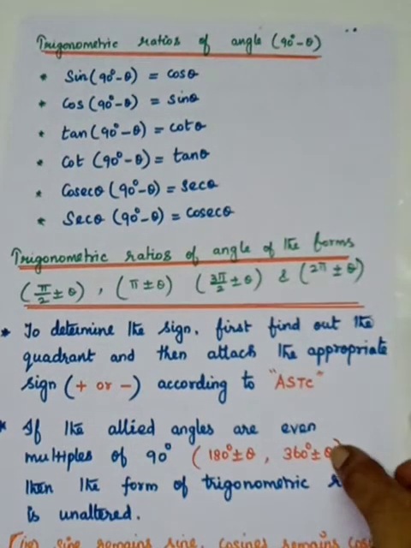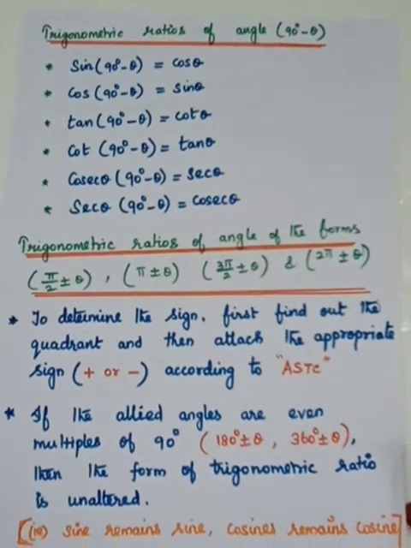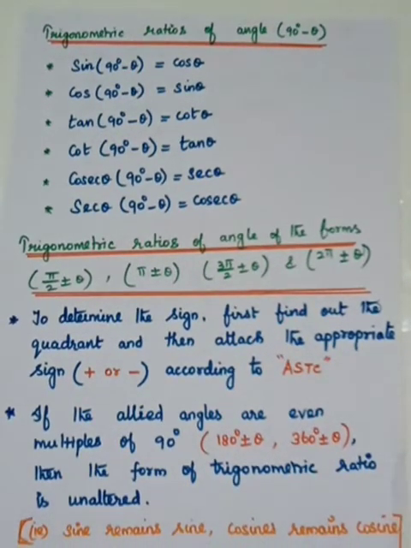Now we are going to see the trigonometric ratios of angles of the form pi by 2 plus or minus theta, 180 plus or minus theta, 270 plus or minus theta, and 360 plus or minus theta. So these are the allied angles; we are going to see the trigonometric ratios of the allied angles.